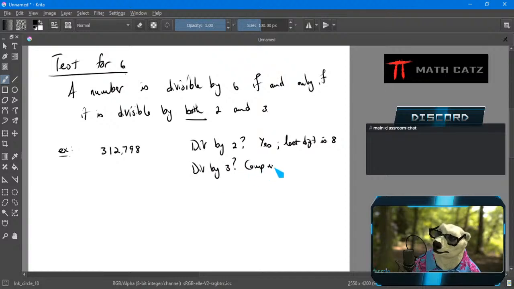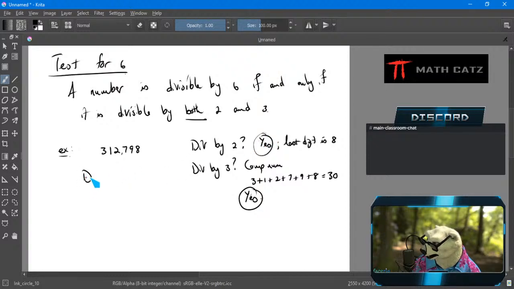My comparison number is the sum of all the digits: 3 plus 1 plus 2 plus 7 plus 9 plus 8. What do I get here? I get 4, 6, 13, 22, 30. Oh, wow, that's very nice. So that is a yes as well. I get yes on both checks, and therefore divisible by 6 is a yes as well.